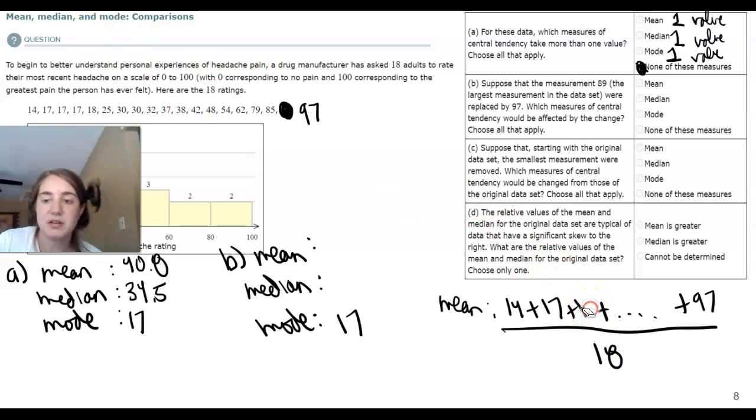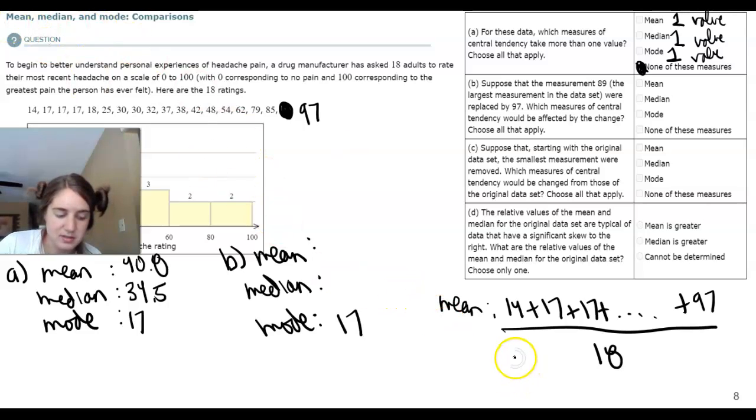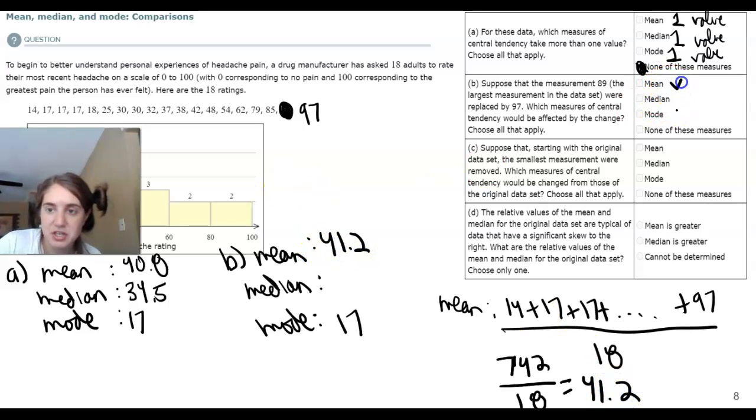And we're going to see what that number becomes. What we end up getting for the mean is 742 divided by 18, or 41.2. So the mean did change, the mode did not change.